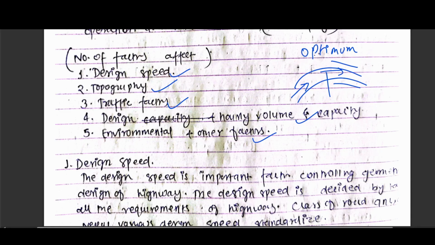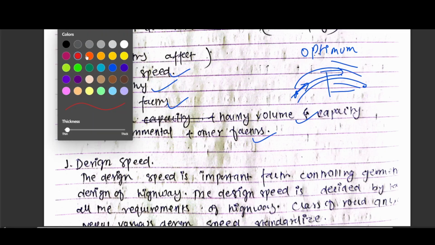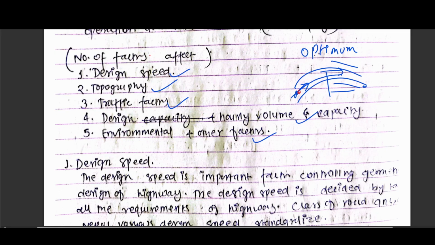Sight distance is the distance that the driver can see along the roadway. Let me explain it. The driver is sitting here, right?